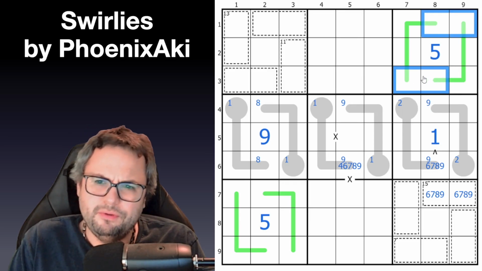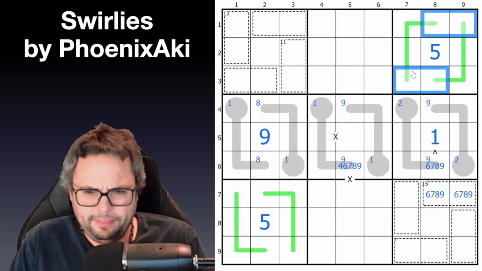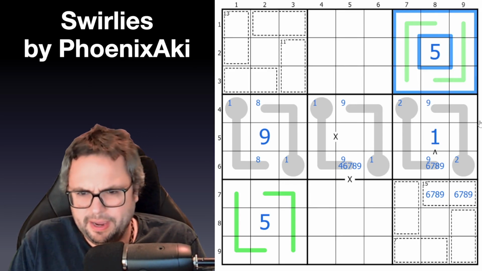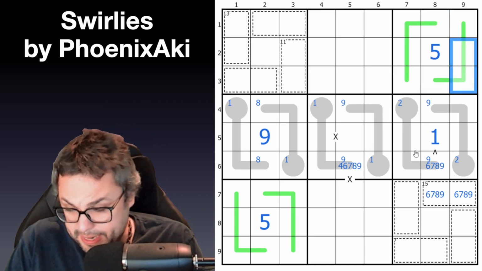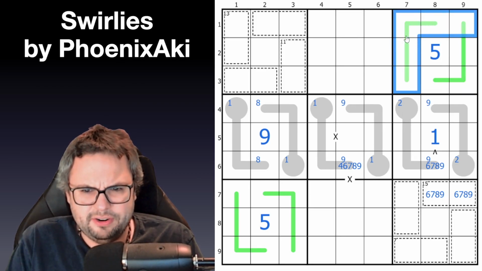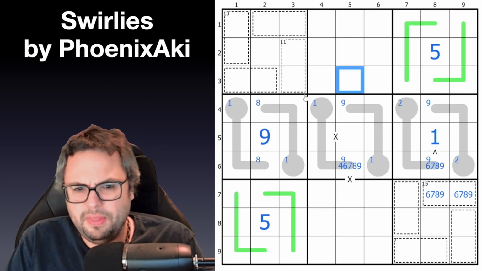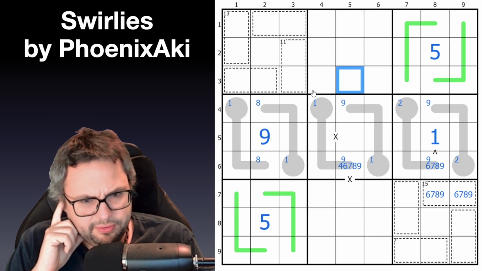And I know I've got to get 4 and 6 into this box. The somewhat unfortunate part about the whole I've got to get 4 and 6 into this box is that they could go at opposite ends of the same line as long as there's a 1, 9 in the middle. Normally, with this kind of deduction, I would hope that we'd get, oh, they have to go on different lines kind of business.